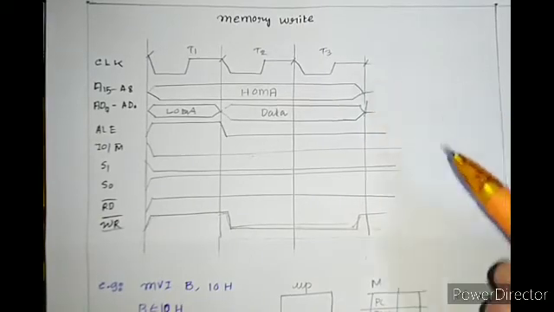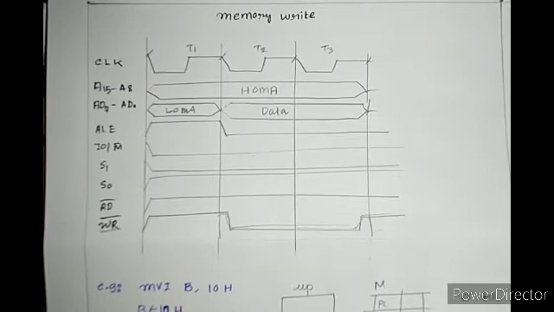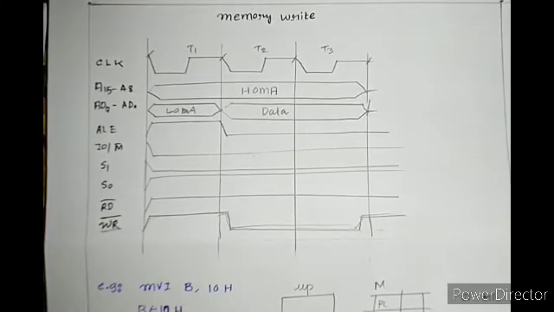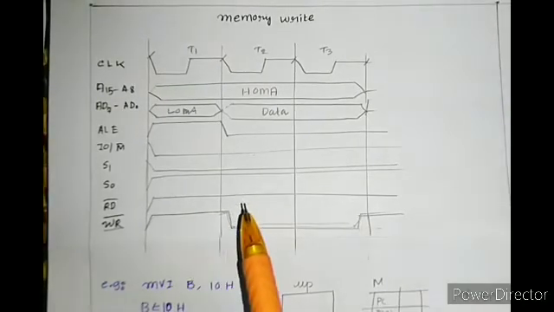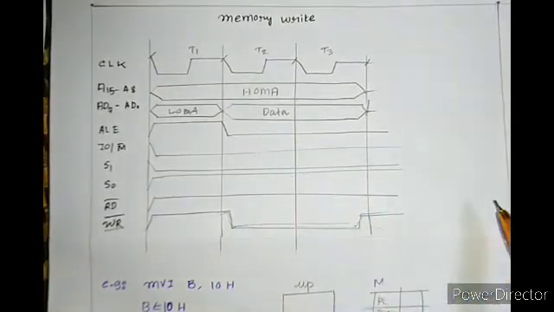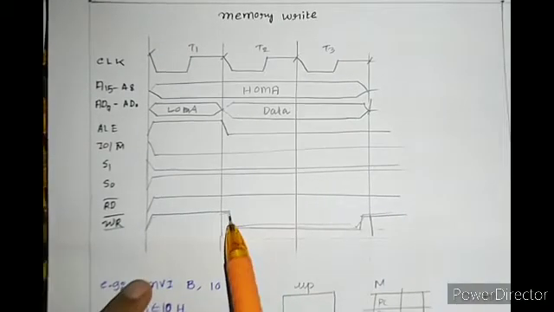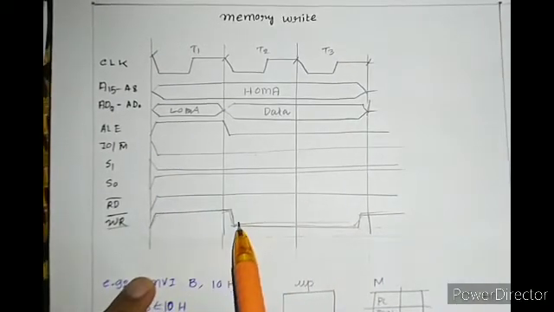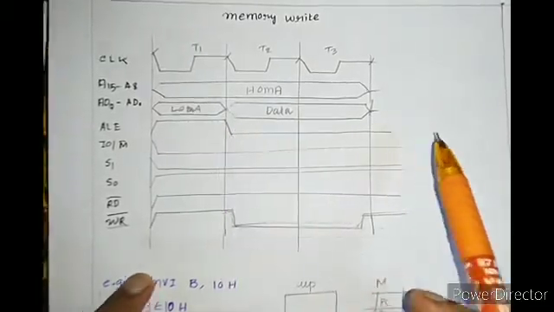We can fetch that, and then this gets over. Now do you remember, in write operation the memory already has the data, so it doesn't have to wait. This is why no propagation delay is happening there, because I already have the data. The MUP has to give it to the memory. So when WR bar goes low, this means now carry the data and send it. This is why there is no propagation delay.